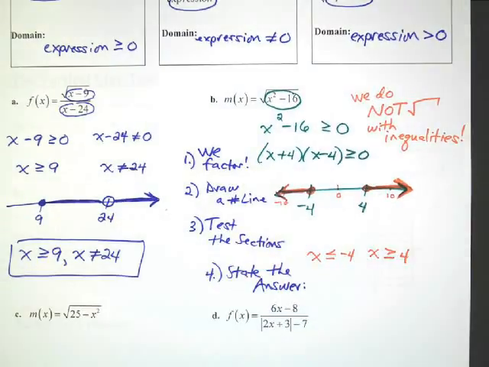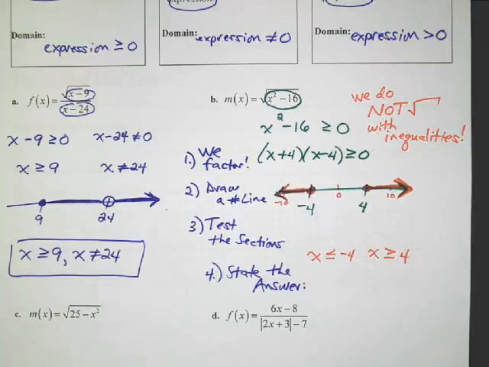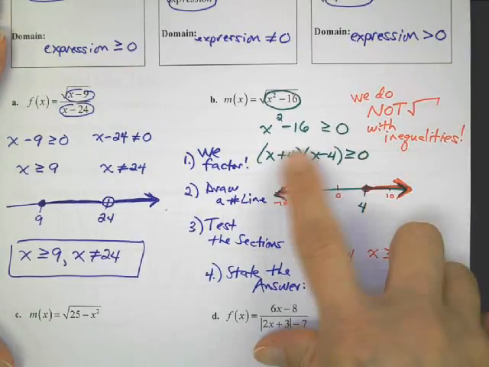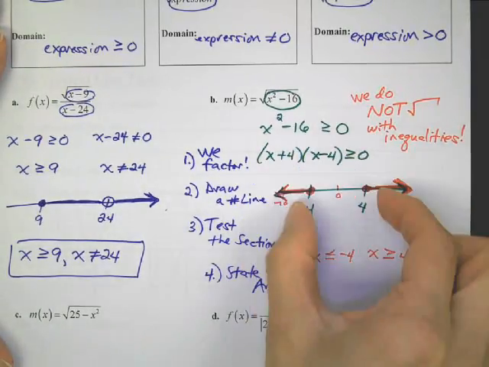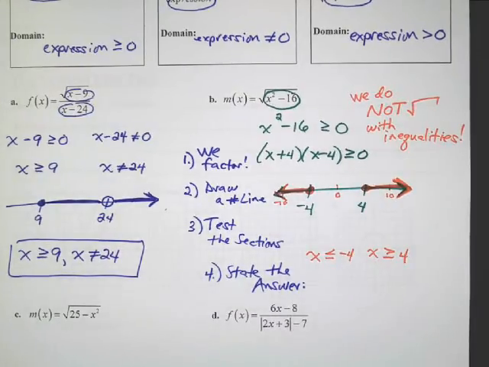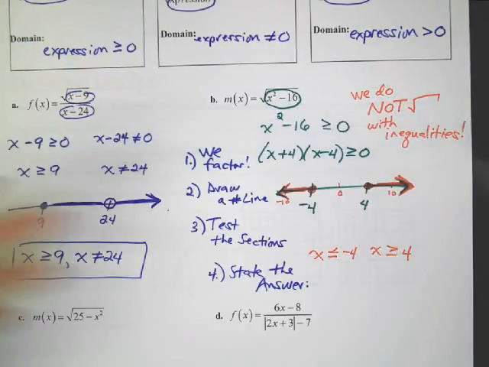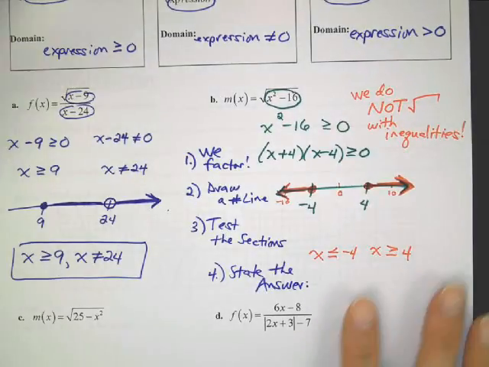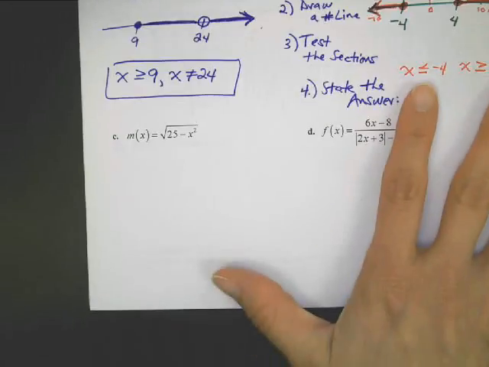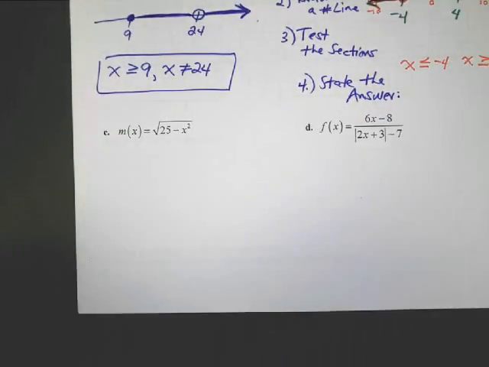So I've got those 2 sections right there. Okay, so that's some Algebra 2 review. You cannot square root with inequalities. We have to draw a number line and test the sections because we don't want to end up with icky stuff like this that says greater than plus minus 4. You can't be greater than a plus minus. That doesn't make sense.